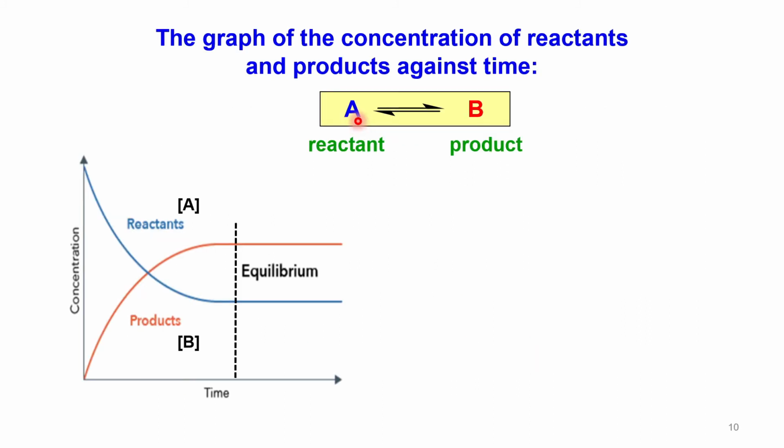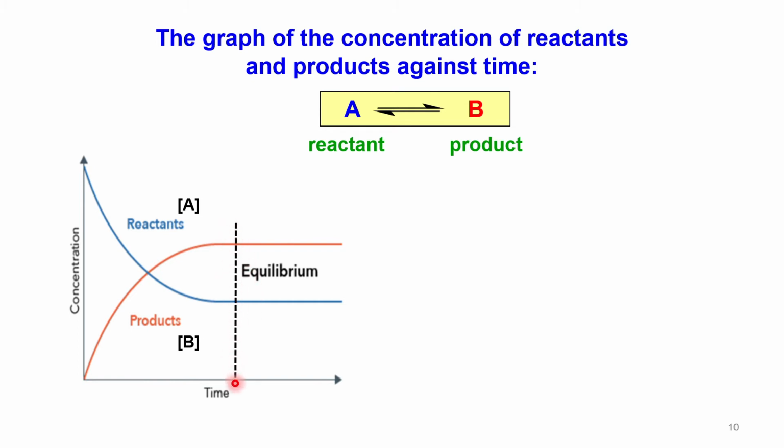This is the general equation, A produces B. From this graph, initially there is a lot of A, so the concentration of A is higher than B. There is no B, meaning no product has formed yet. When time increases, moving to the right, we see the concentration of A decreases. The concentration of A, the reactant, decreases and the concentration of B will increase after a certain time.